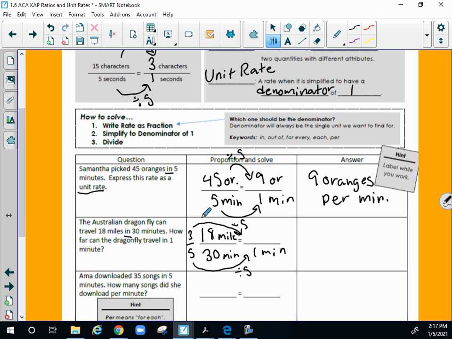Whatever we do to the bottom, we have to do to the top, divide by 5. So our answer over here would be 3/5. This means that the dragonfly can travel 3/5 of a mile per minute.